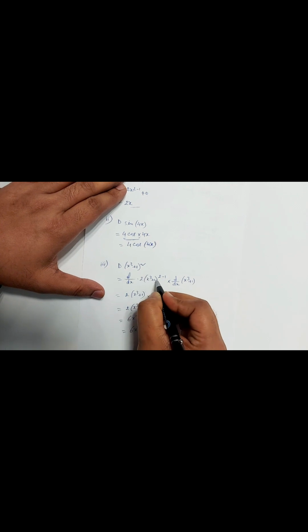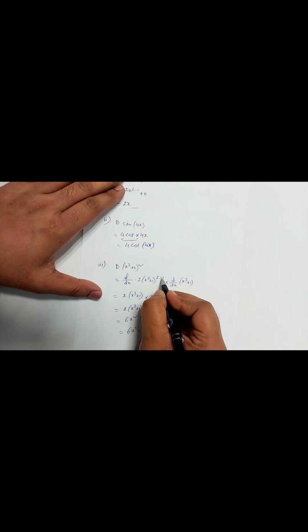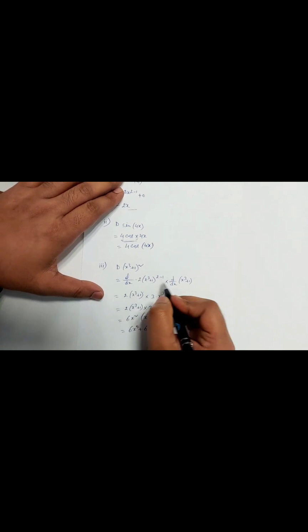Number 3, d of x cube plus 1 whole square. So I calculate d by dx into power 2 into x cube plus 1 power 2 minus 1 into d by dx of x cube plus 1.